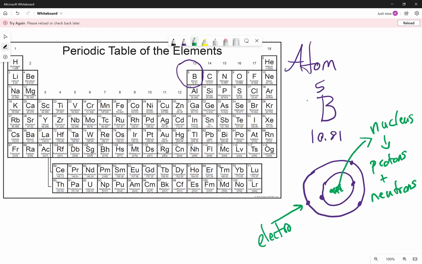As you can probably imagine, our protons have a positive charge. Our electrons have a negative charge, and our neutrons are neutral, they have no charge. And those are some things that will be important to keep in mind.